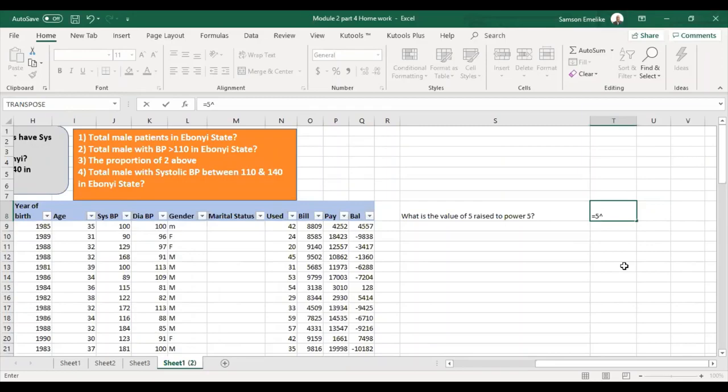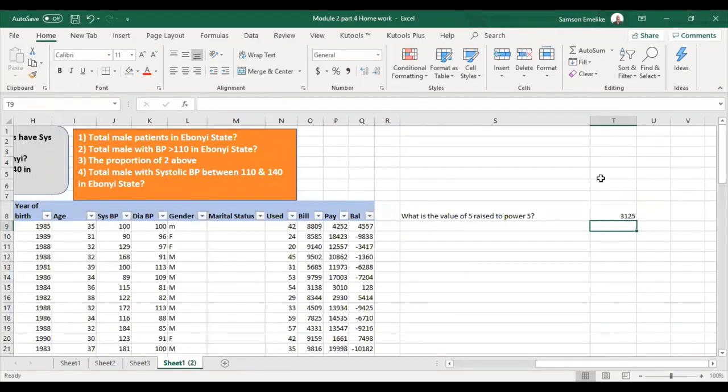And so ours is 5. This is how power function is used: 5 raised to power 5. Already we may know the answer, but Excel will tell us this is it.